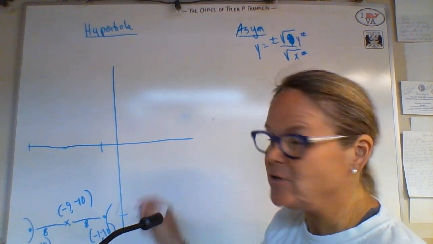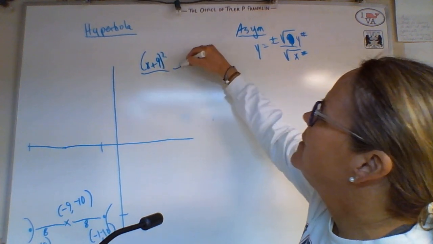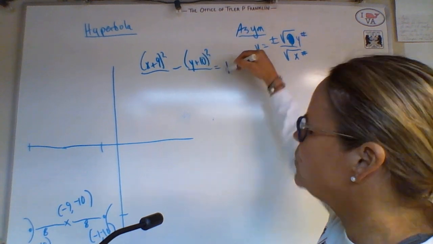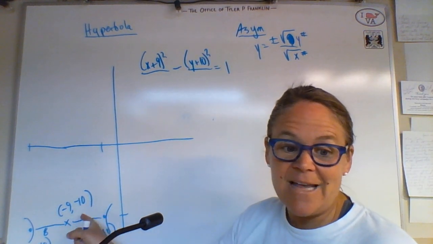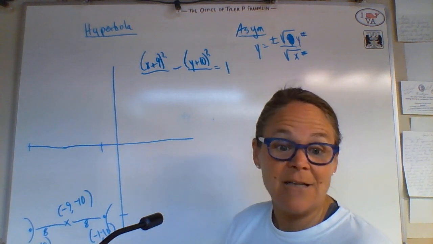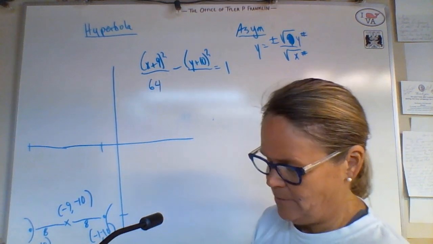Sideways, x is first. X plus 9 squared minus y plus 10 squared equals 1. Now, that's 8 spaces, 8 spaces. That's the number, and that's underneath the x. Square that, 64.